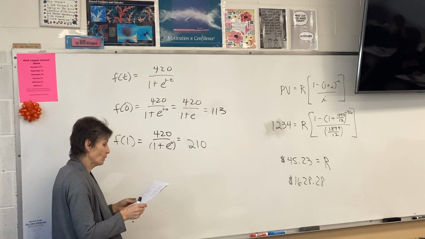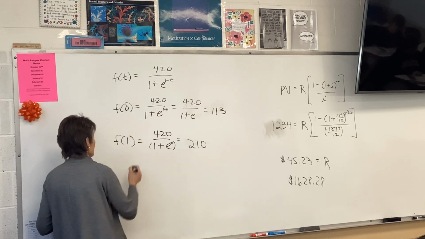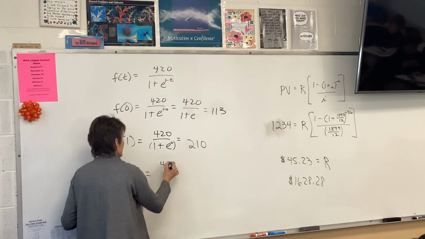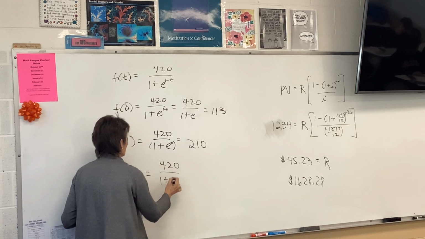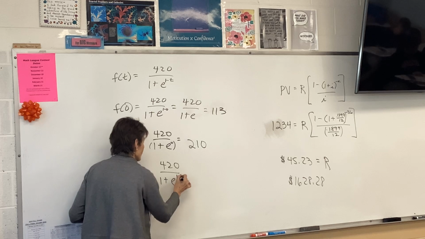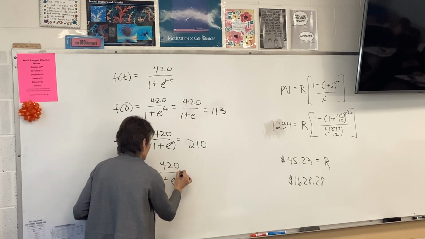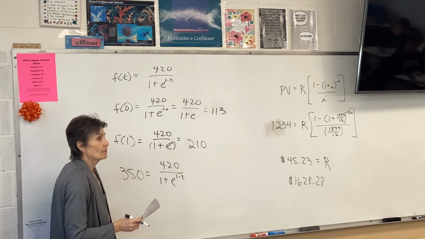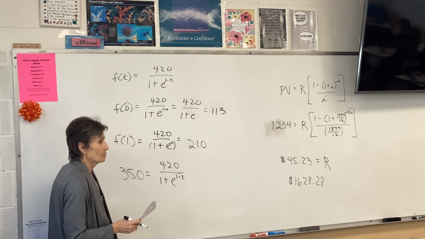And when will there be 350 bees? So 350 equals 420 over 1 plus e to the 1 minus t. Can't you just find an intersection if you graph?